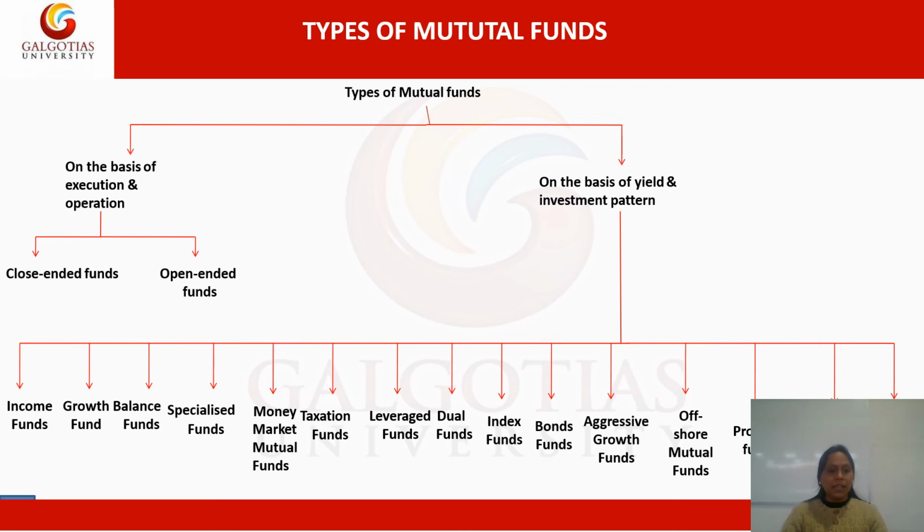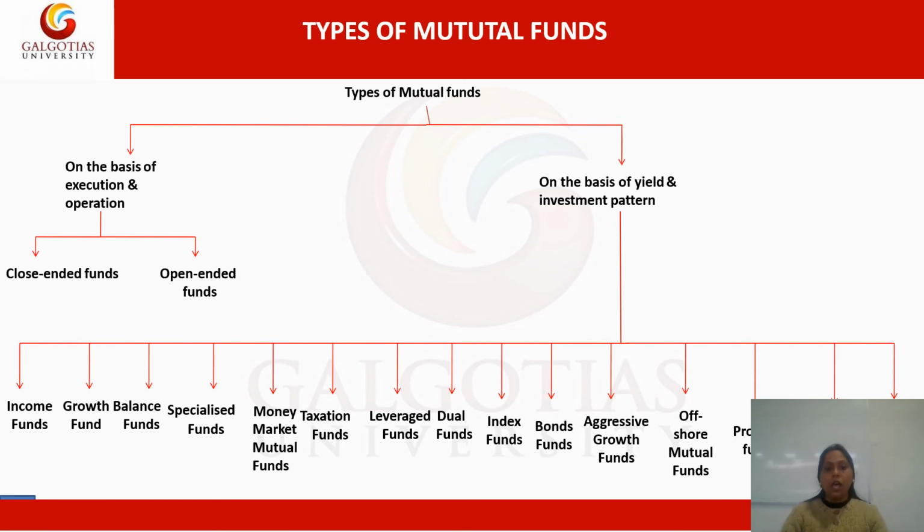Growth fund: as the company grows, the investors' fund will also grow. Balanced fund, where income is there and growth is also involved. Specialized fund, for special people. Money market mutual fund, which is for short-term purposes.